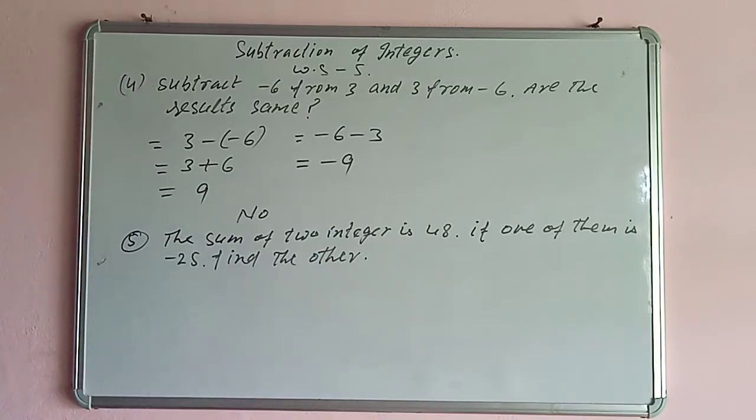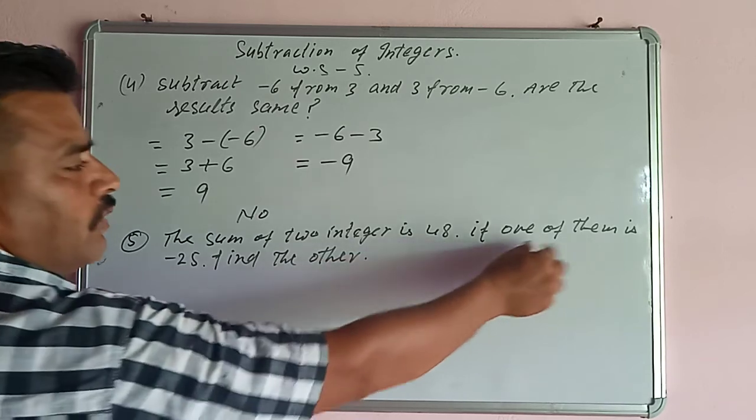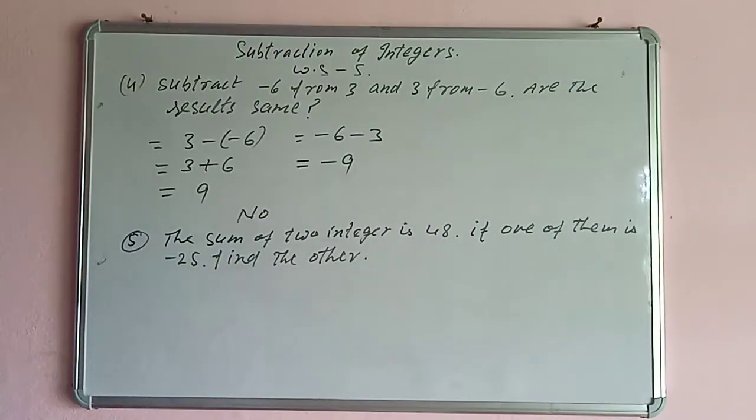So in this question the sum of two integers is given, that is 48, and if one of them is minus 25, then find the other. So one integer is given minus 25, then what will be the other?